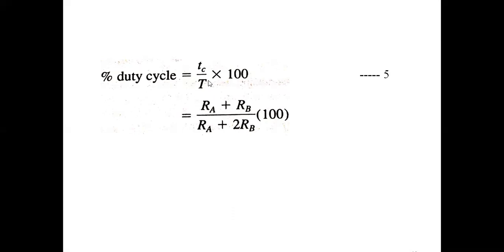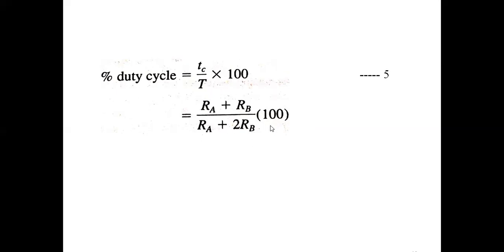It is generally expressed in terms of percentage, and in the form of an equation, the percentage duty cycle is equal to the on period or charging time Tc divided by T into 100, or in other words (RA + RB) divided by (RA + 2RB) into 100.